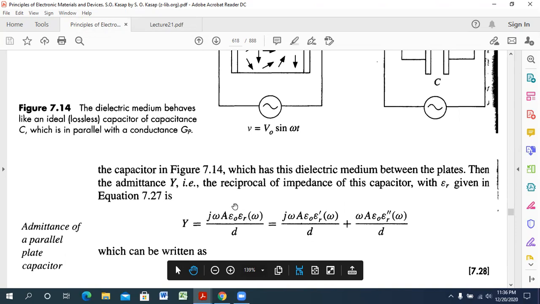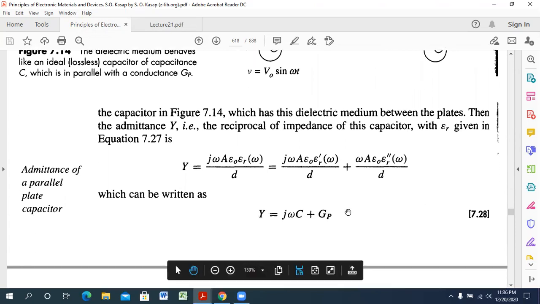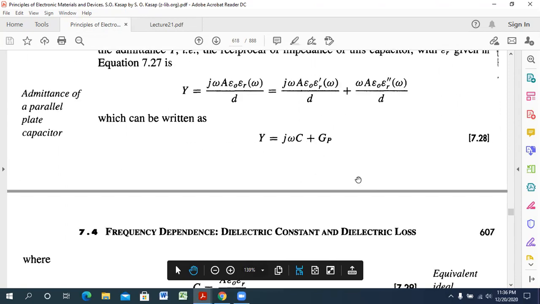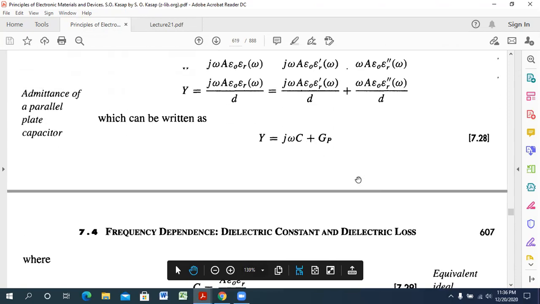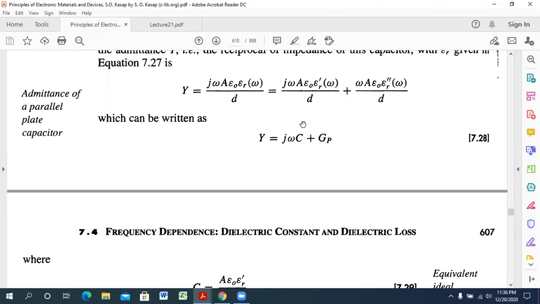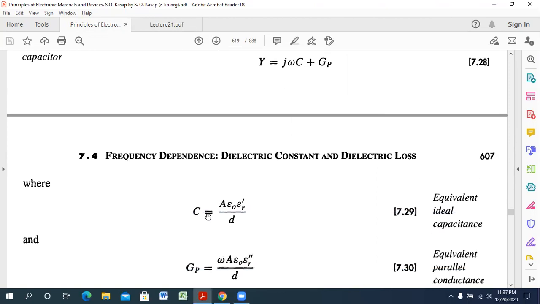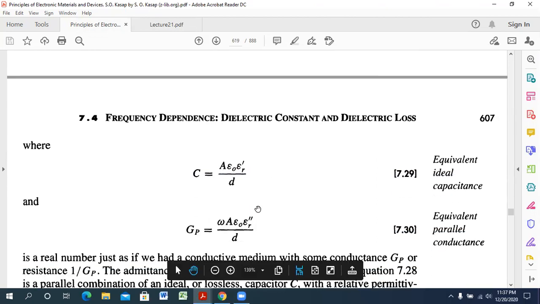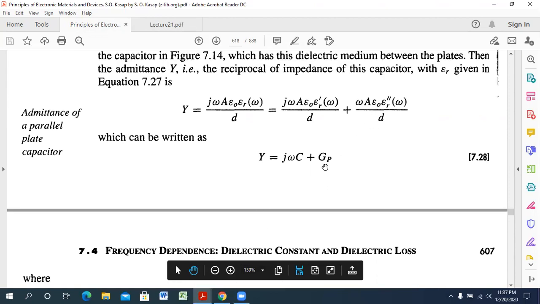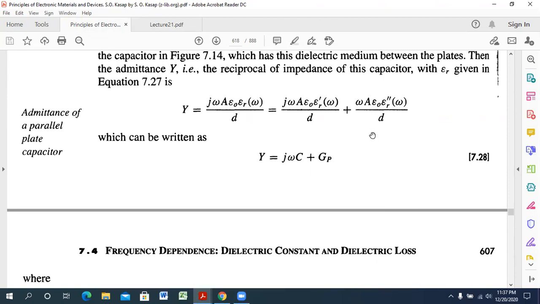Now we know that epsilon r has two parts, one real part and another imaginary part. Now we can write Y equals j omega C plus Gp. This one is the conductance part. If we compare these two equations, then C equals epsilon r, and comparing these two equations, Gp equals like this.